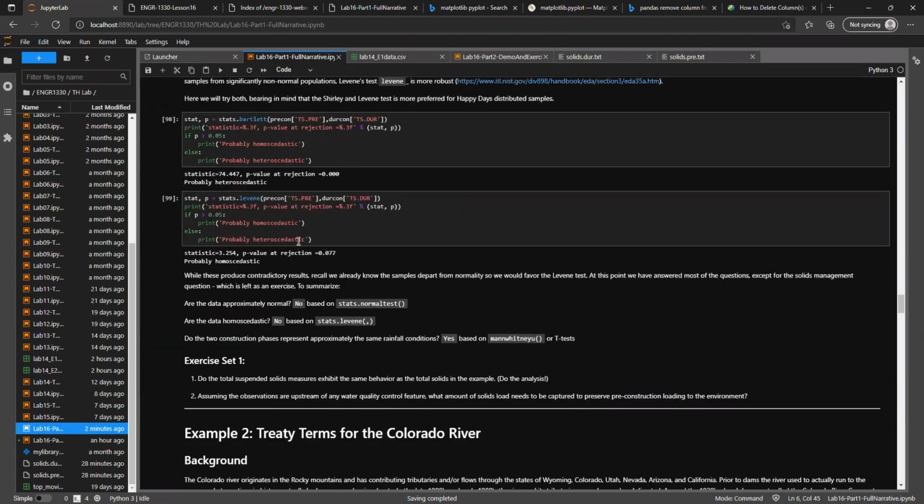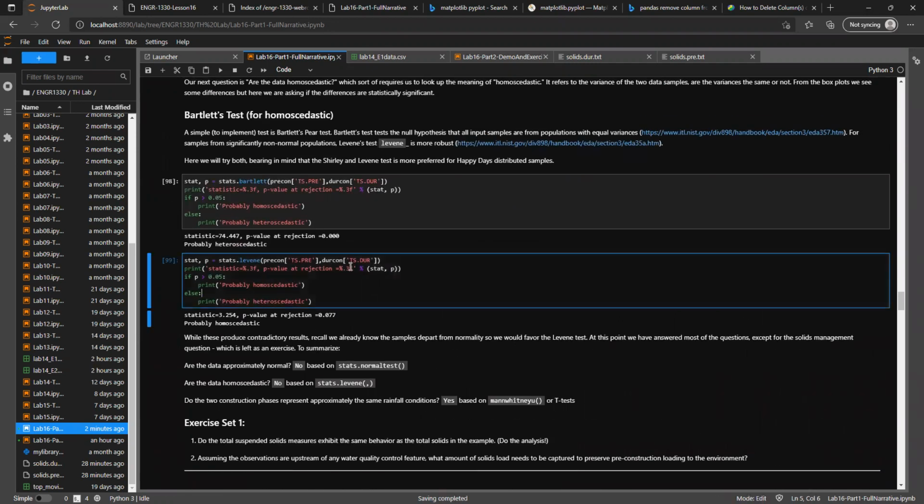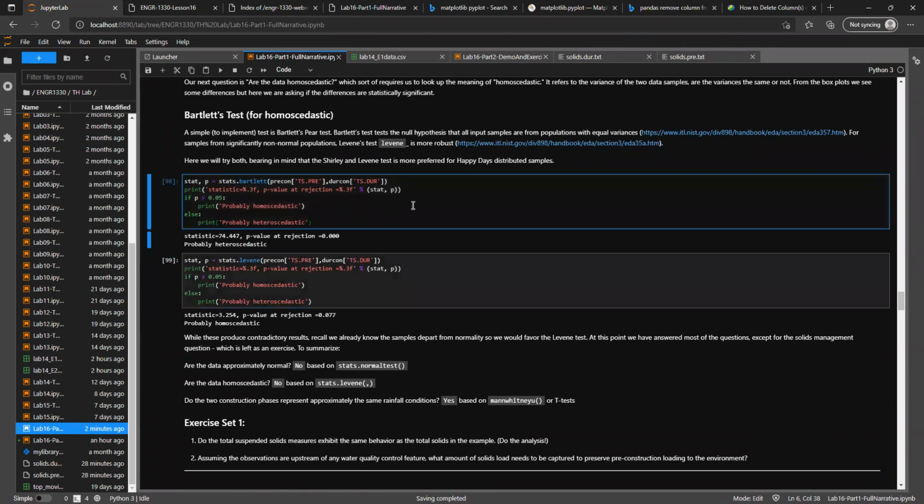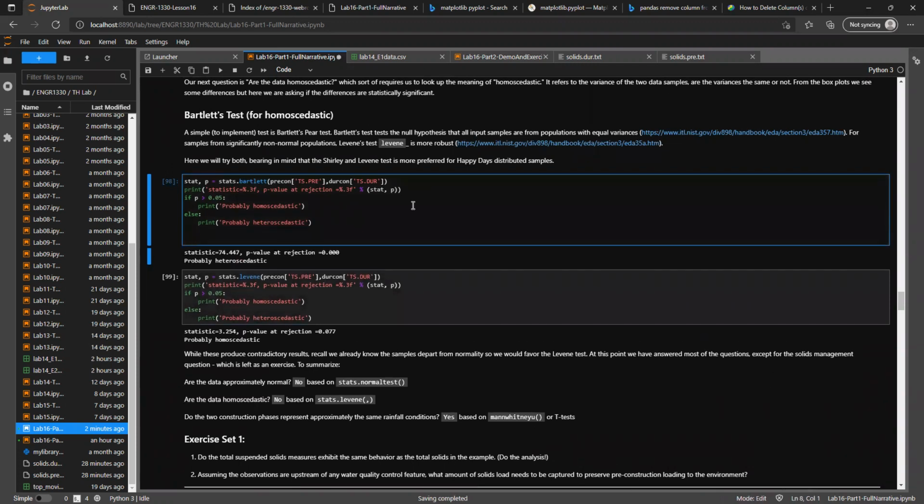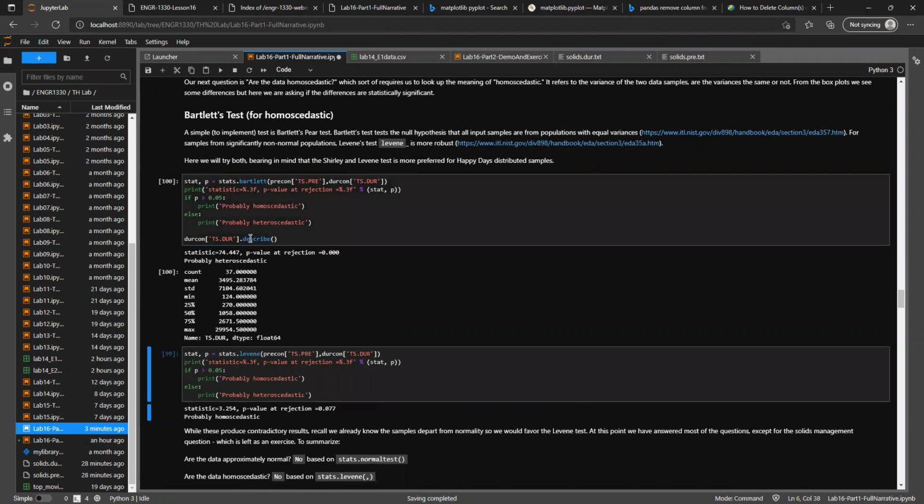Let us answer that question. Are the two variances the same? Well, thankfully, at least I think describe has some of that stuff. No, it's not there. Yes, it is.